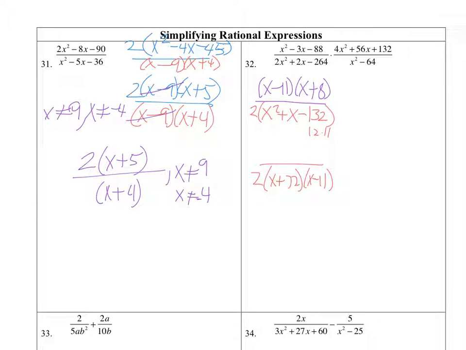And again, the top of that is going to be x minus 11, and x plus 8. Okay. Top right, I'm going to take a 4 out first, and we get x squared plus 14x and 132. I think it's going to be 28.